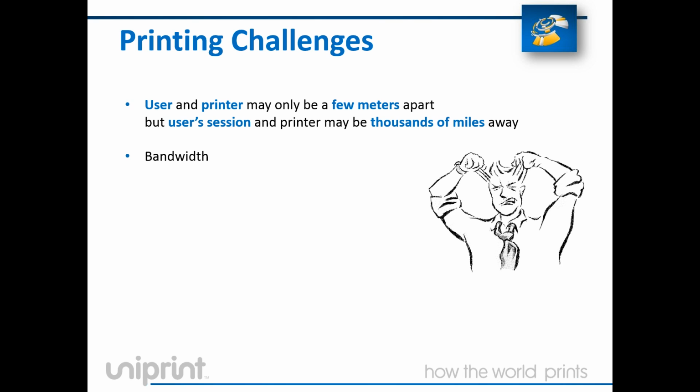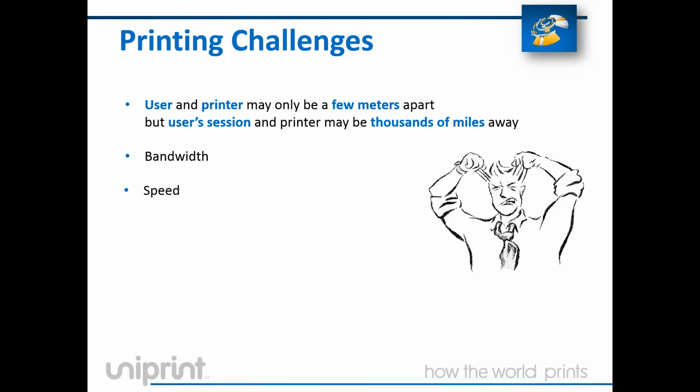And what this ends up doing is that we end up with issues of bandwidth, because if you imagine that you have multiple mobile users shoving print jobs up and down your lines, there's going to be contention issues, there's going to be bandwidth and capability issues.